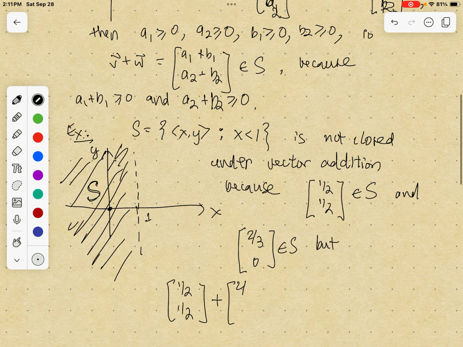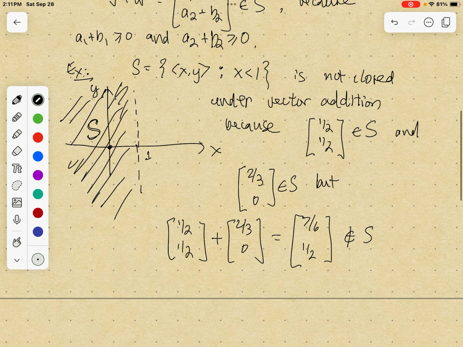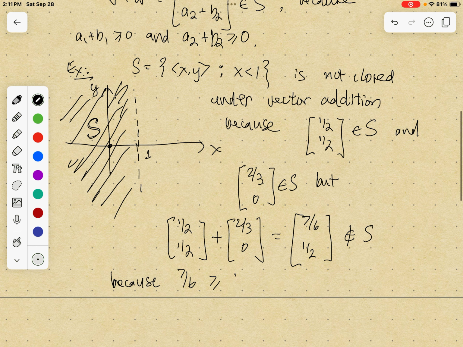This plus this is going to be (7/6, 1/2). And this is not in S, because 7/6 is greater than or equal to 1. So that's an example of a set that's not closed under vector addition.